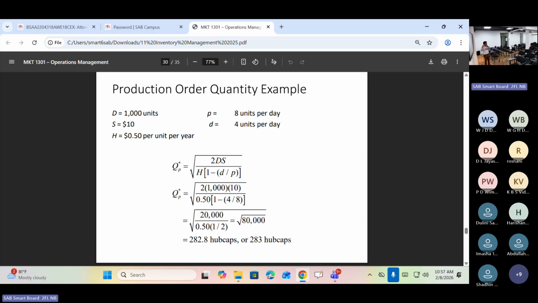Simple as above, but we only consider the ratio of daily consumption and daily production. Accordingly, you get an answer like 283 units. Clear?